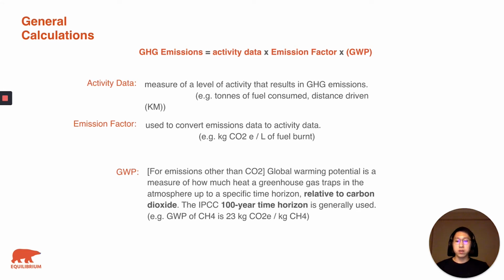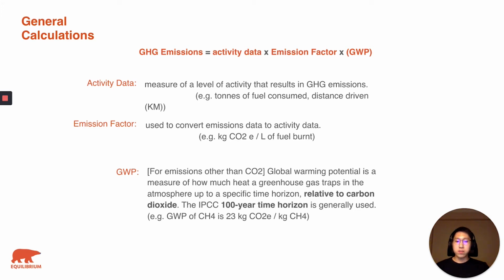After understanding the reporting boundaries for your company, you need to understand the general calculations used to calculate the greenhouse gas emissions from your activities, which is shown by the equation made up of activity data, an emission factor, and the GWP factor.